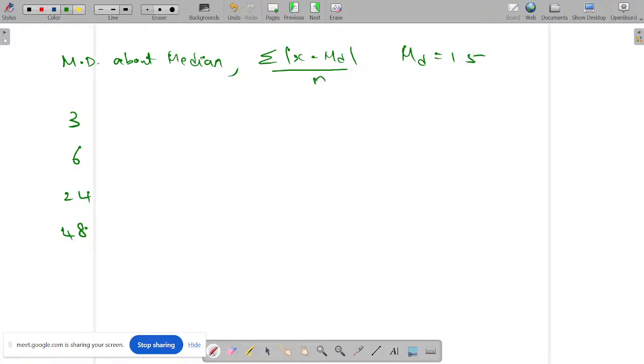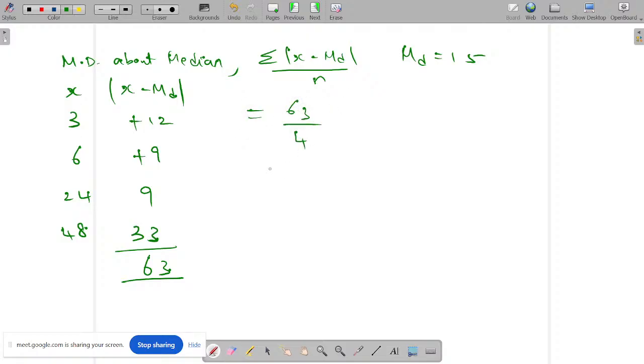So this is the x value, x minus median: minus 12, minus 9. I'll take the modulus value directly: 12, 9, 9, 33. The sum of all the values is 63, divided by 4, 15.75.